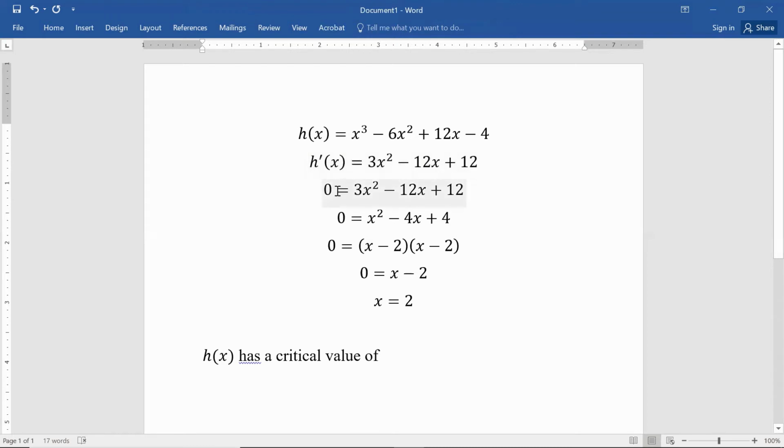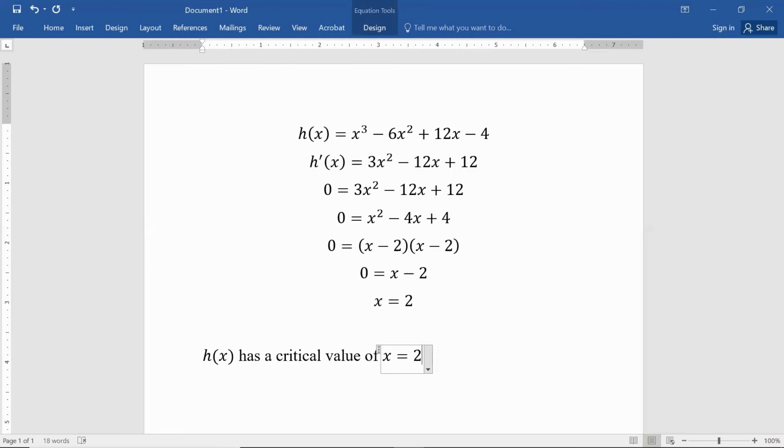Therefore, when you plug in 2 into the derivative, you're going to end up with a 0. So h of x has a critical value of 2. Or some people will write this as h of x has a critical value of x equals 2.